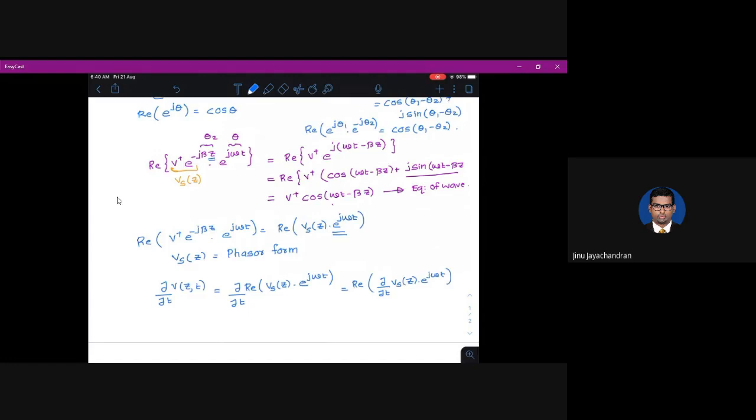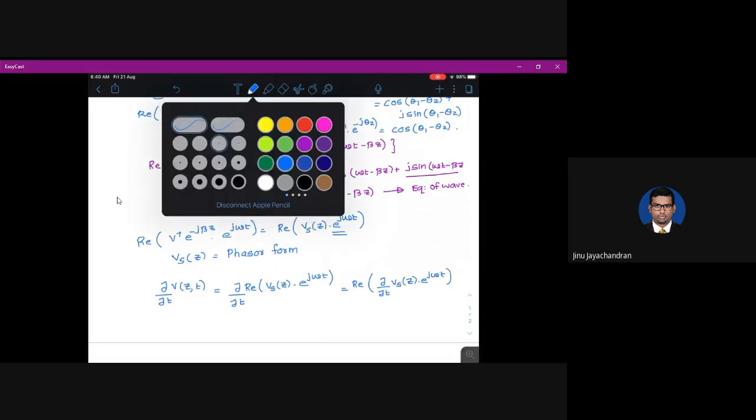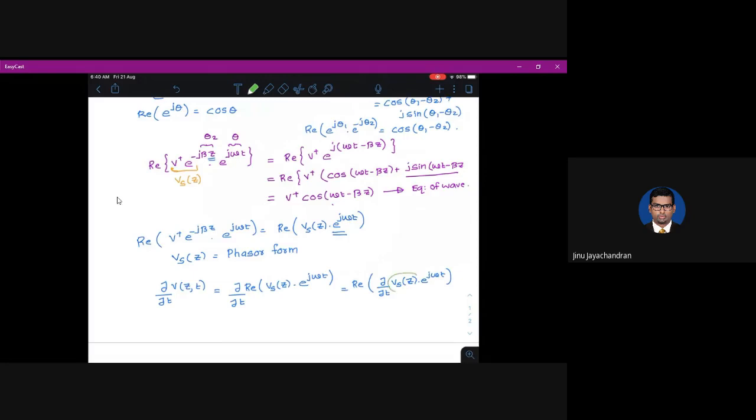Now, Vs of z is independent of t. So the only dependency of t is in e raised to j omega t. So I can write this again as real part of Vs of z into dou by dou t of e raised to j omega t.